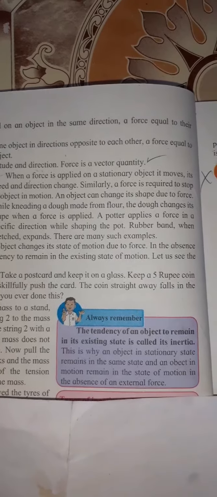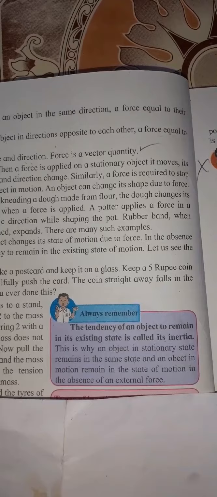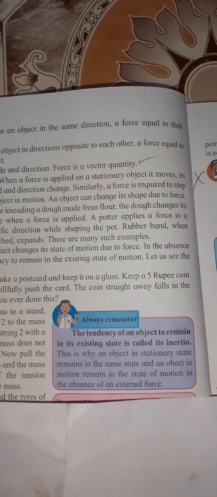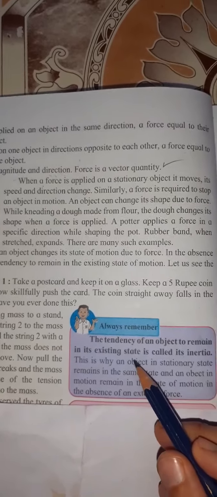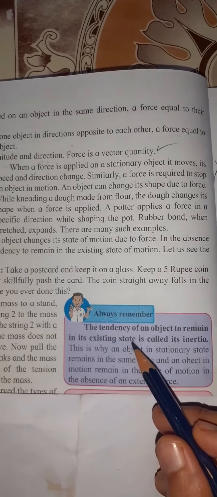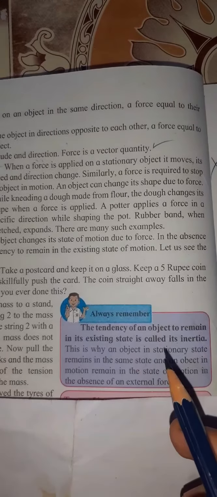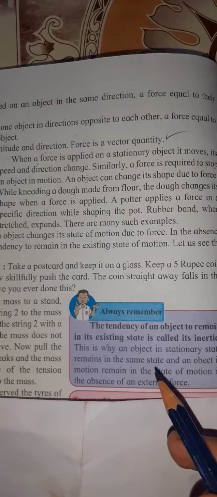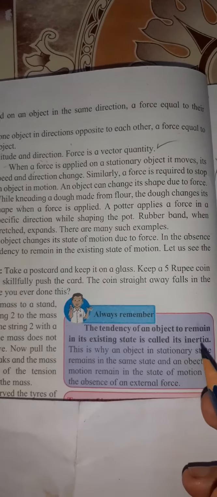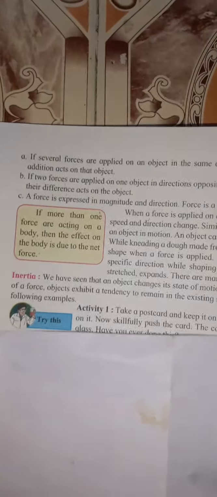Or if some object is not moving, it is in a stationary state, and that is the present or existing state for that object. So the tendency of an object to keep moving, or to remain in one place, stationary, is called inertia.